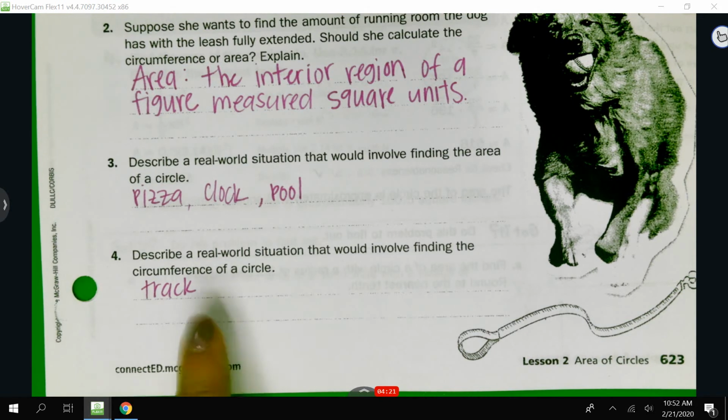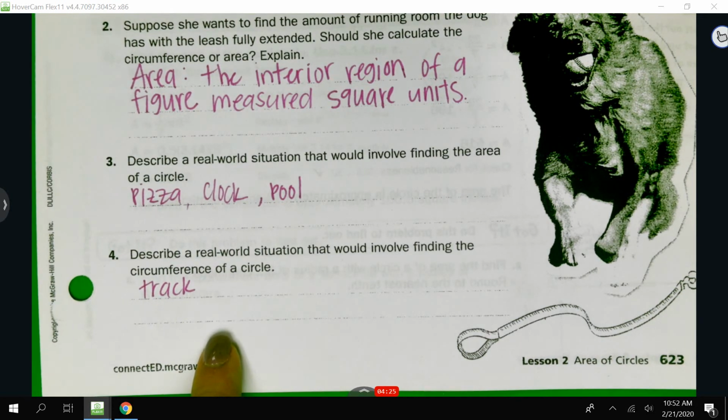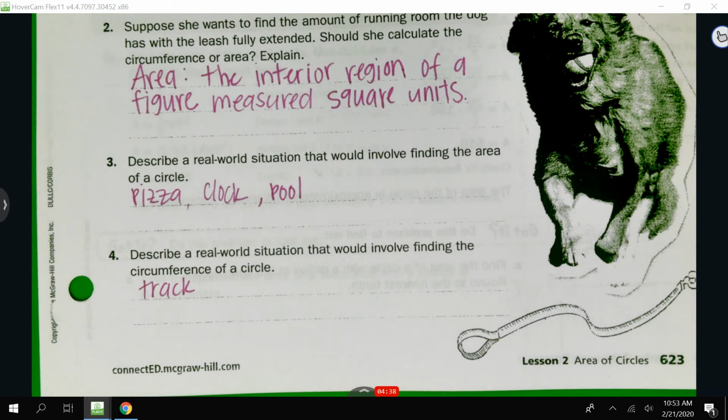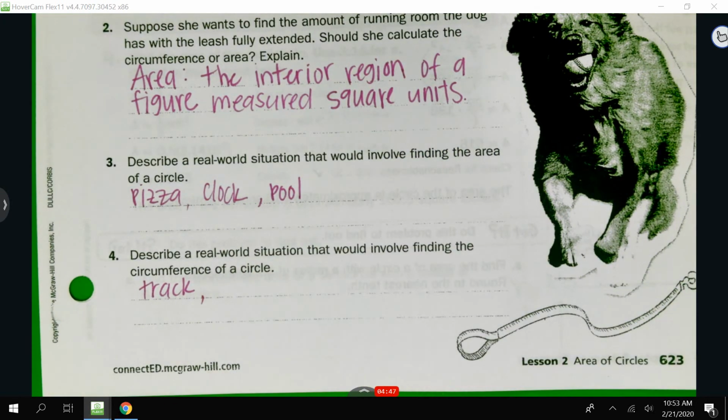Okay. What about another example of something for circumference? A lap around the pool, yeah. We could do that. What about something in the game of basketball? Court.